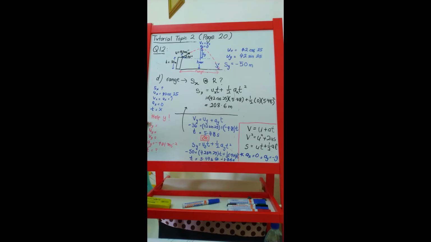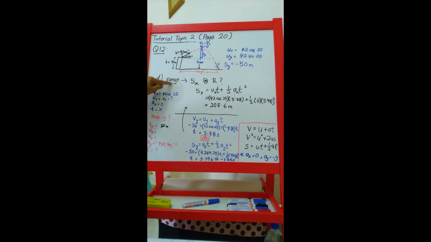Like I mentioned before, the value for S that you choose will determine where U and V are. So if you choose S to be 50 meters, it means from here to here.